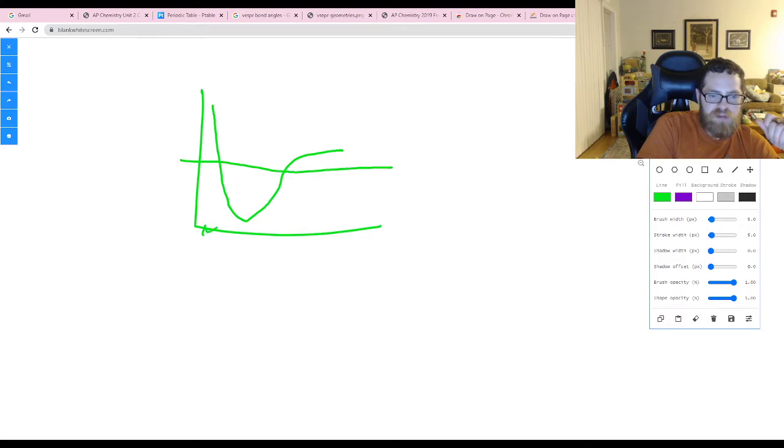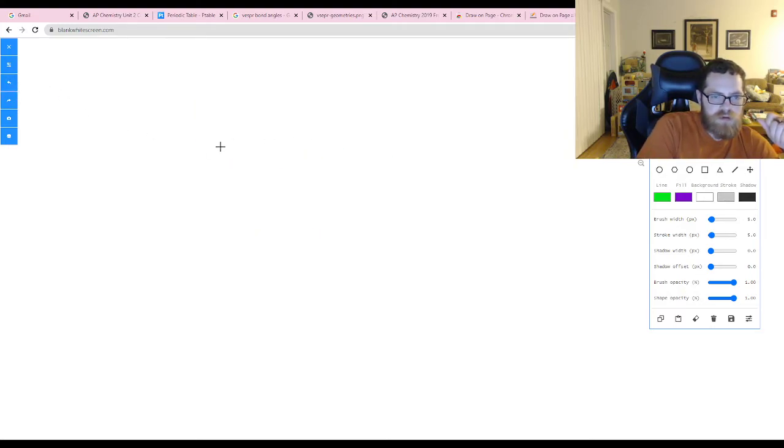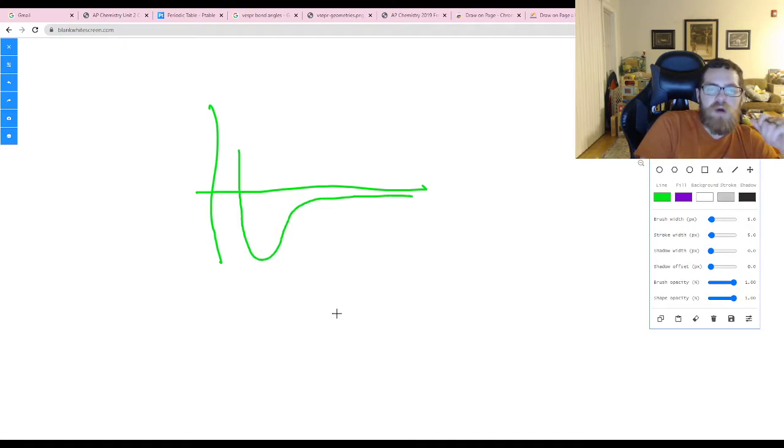You'll be given one chart and told it is based off one element.